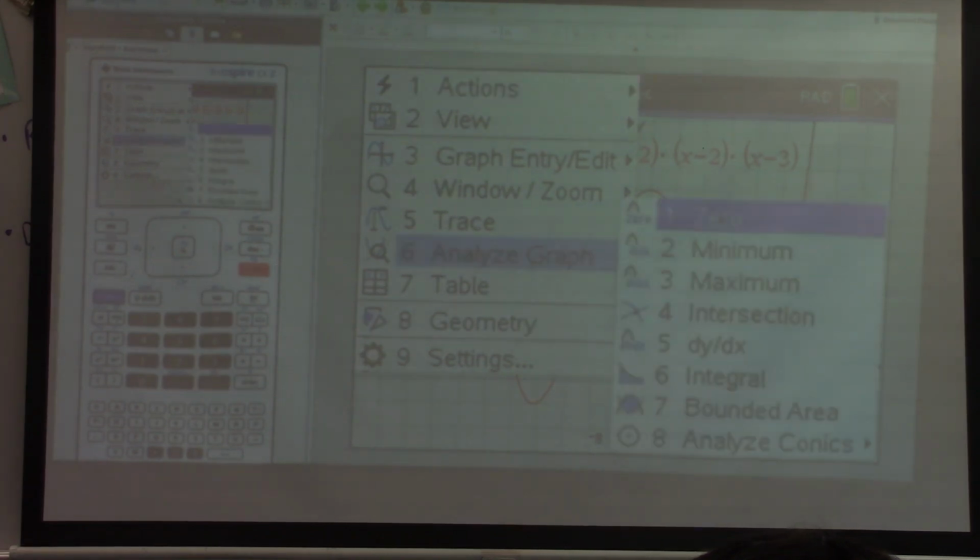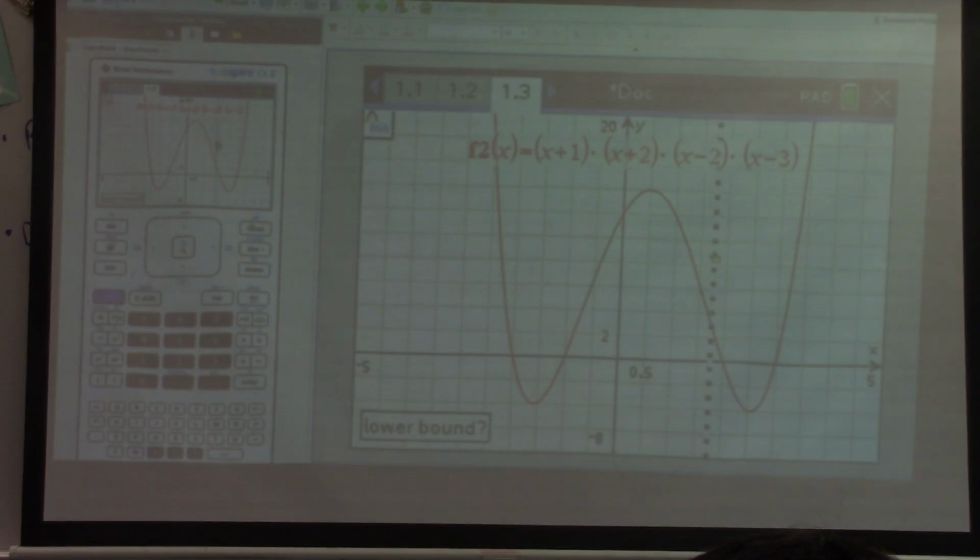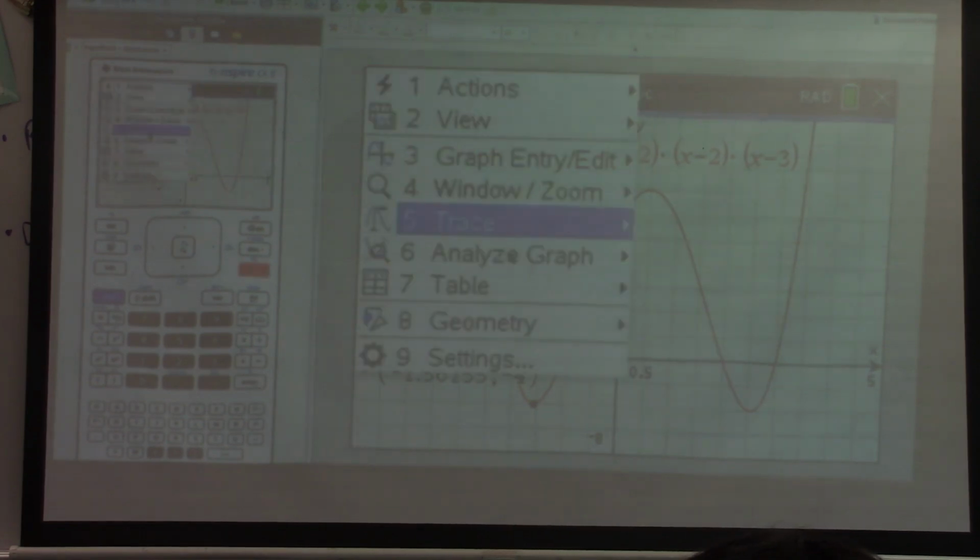So remember, you can find zeros here, you can find a minimum. So notice lower bound, I gotta go to the left, enter, go to the right, and enter. So our y value was correct. Notice the x value is just off by a hair. Pretty darn close though, right? But notice if we want to be more precise, we have to use a calculator.